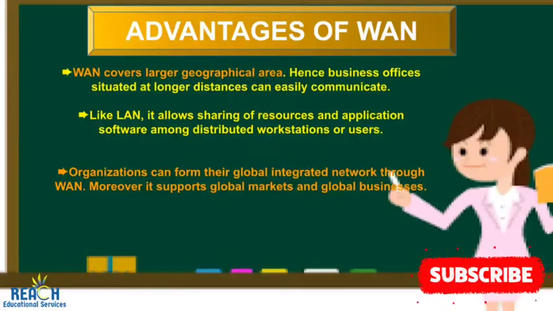Hence, business offices situated at longer distances can communicate easily. Two, like local area network, it allows for the sharing of resources and application software. And three, organizations can form their global integrated network through this type of network. Pretty interesting, right? I know. I'm loving wide area network.